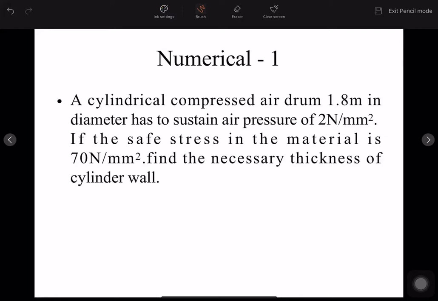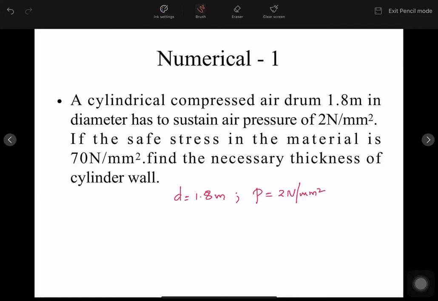If we go into the numerical: a cylindrical compressed air drum 1.8 meter in diameter has to sustain an air pressure of 2 Newton per mm square.